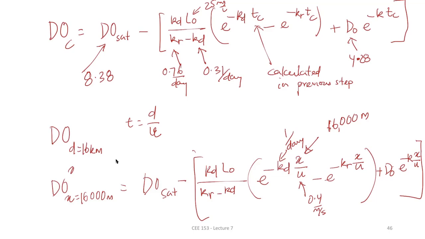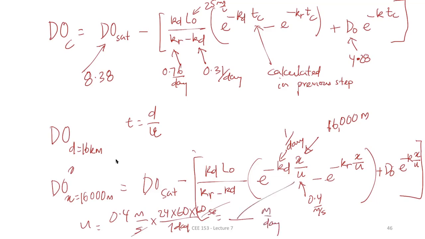So 1 day is 24 hours, 60 minutes, 60 seconds; seconds cancel out, and whatever that number is, that would be in meters per day.